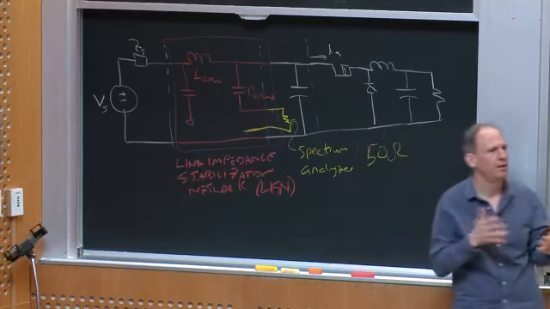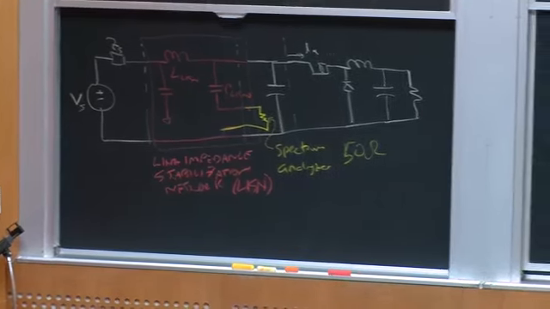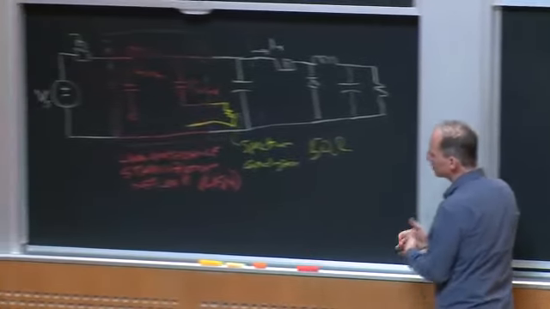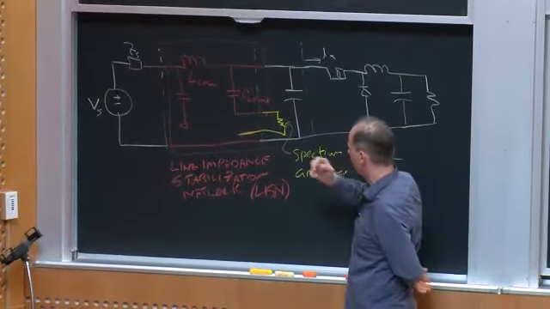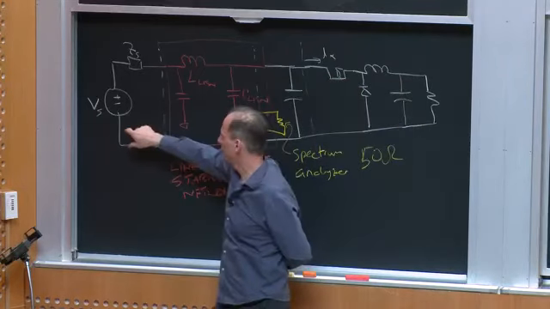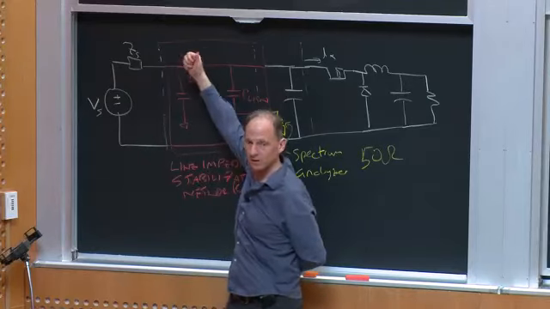And its job is to present a consistent measurement point for EMI. So what does this thing do? It's its own kind of filter, but the idea is at DC, all the DC current I want to provide to my converter from my source will just pass through this inductor, okay?